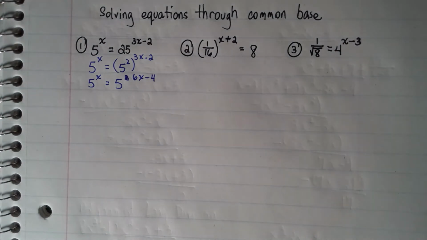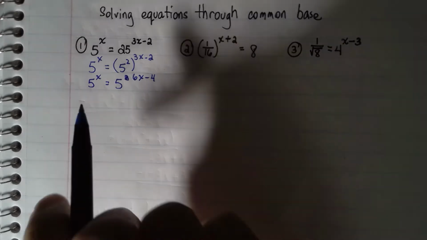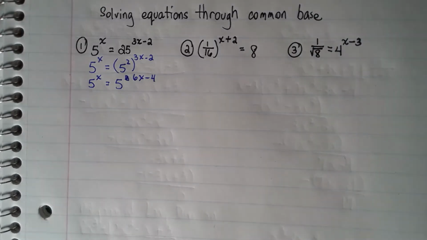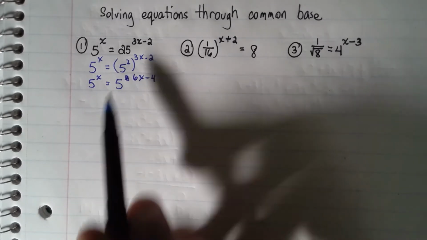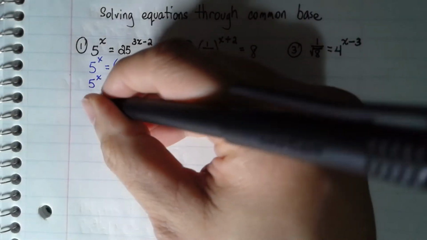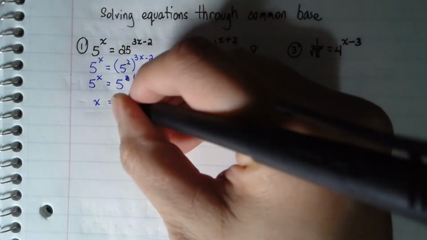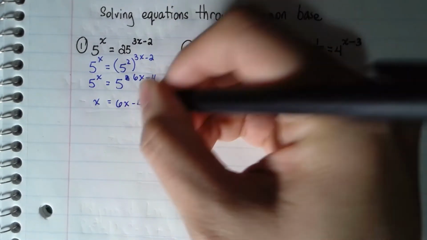As you can see, we finally achieve a common base of 5. Since they're already the same, we can just focus on solely getting the exponents being the same as well. So right now we ignore the base of 5 and focus on the exponent of x and the exponent of 6x minus 4 being the same.